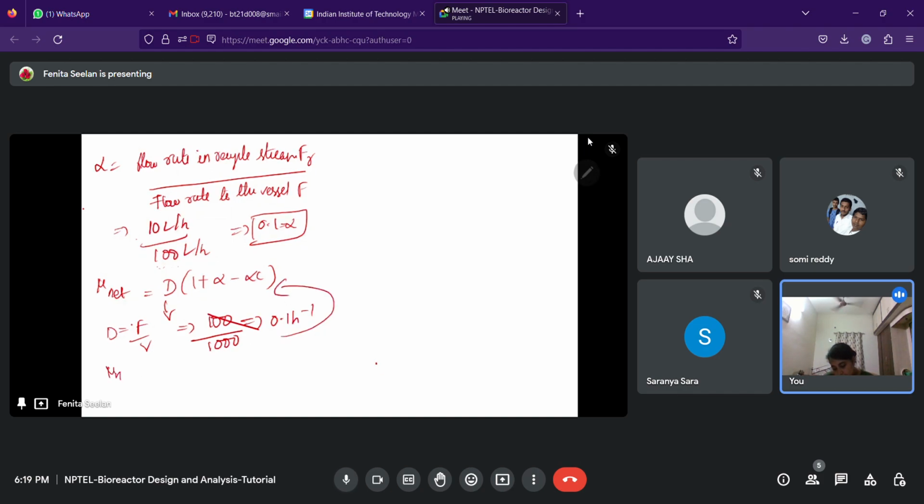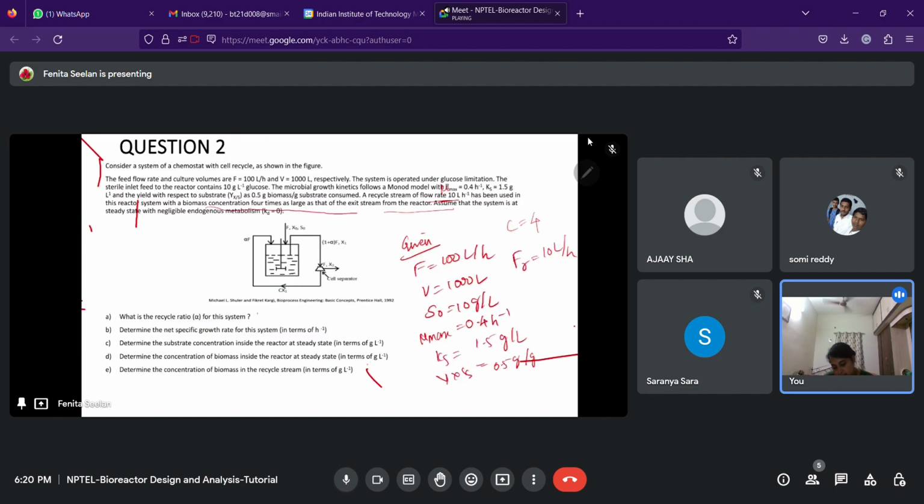So substitute it back here. 0.1 times 1 plus alpha, which is 0.1, minus alpha, again 0.1, times the C value of 4, because it's mentioned in the question that the biomass concentration is 4 times as large as that of the exit from the reactor. So your concentration factor C is equal to 4.